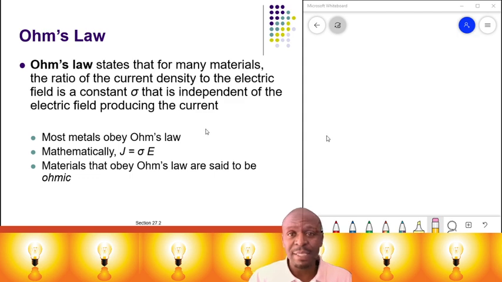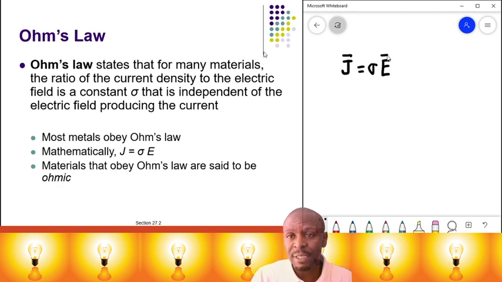Ohm's law states that for many materials, the ratio of the current density to the electric field is a constant. Remember, I told you that Ohm's law is the current density equals the conductivity times the electric field.